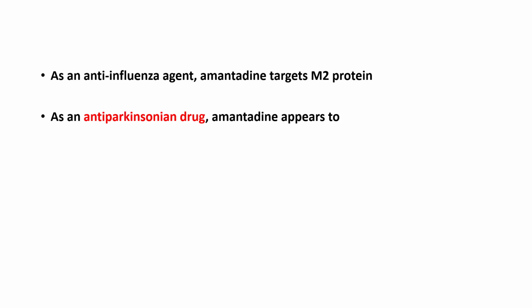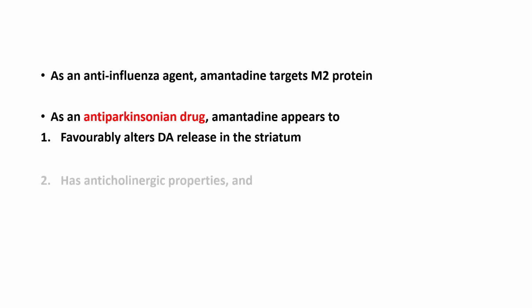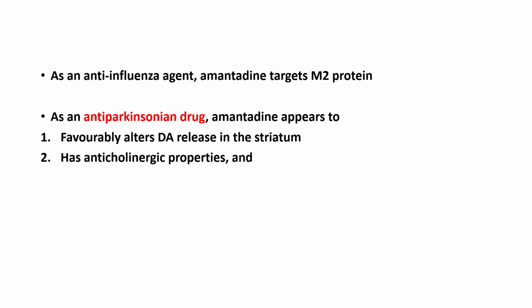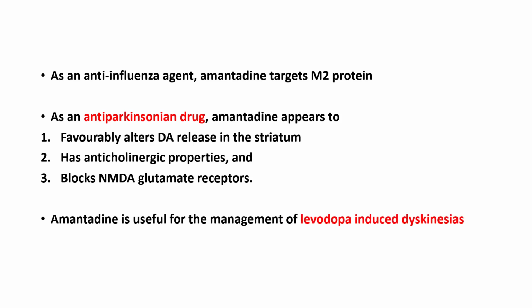As an anti-Parkinsonian drug, amantadine appears to favorably alter dopamine release in the nigrostriatal pathway. It also has anticholinergic properties, and it also has NMDA receptor blockade. It is one of the few drugs that seems to be effective against levodopa-induced dyskinesias.